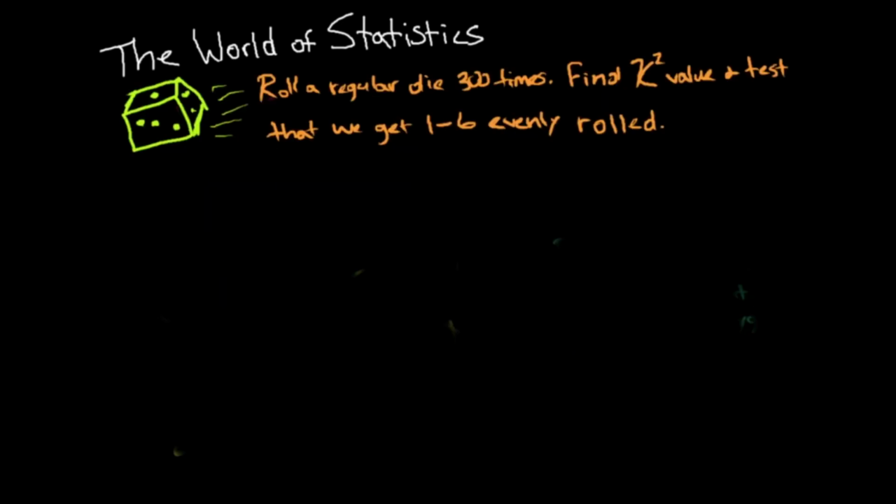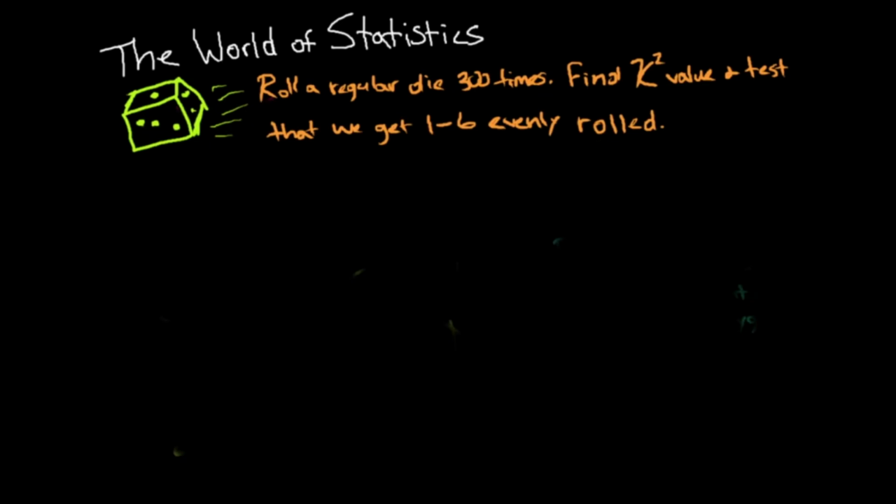So in this example, we have a regular die. We're going to roll it 300 times, and we're going to test that we're going to get an even distribution of 1 through 6. Since our die is even and we roll it 300 times, we would expect all of the numbers to eventually come to an even distribution.